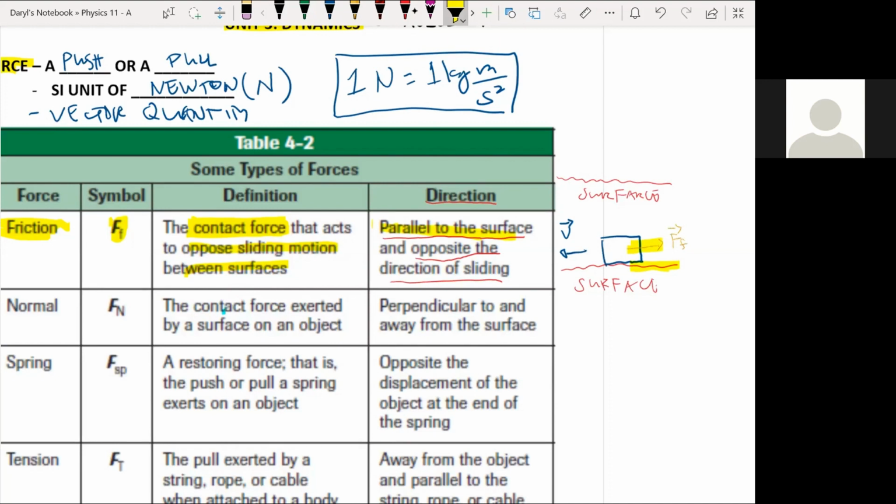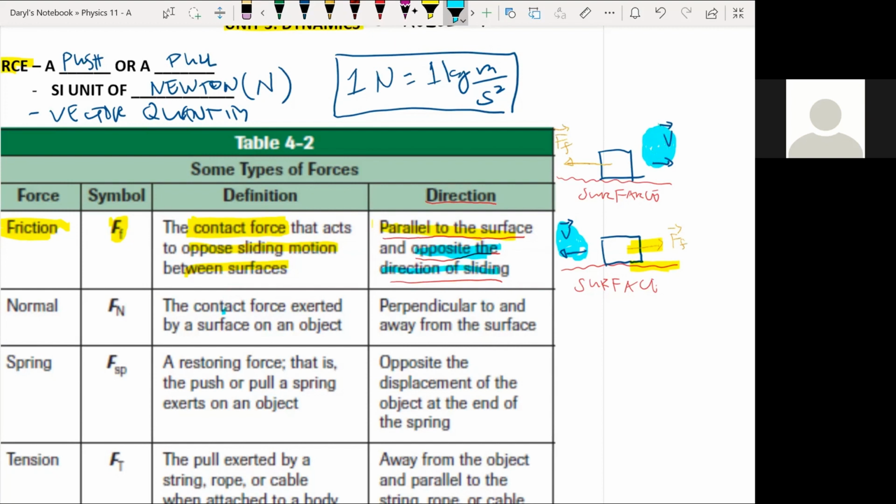Let's say, for example, that the object is now moving to the right. Friction now would be in the opposite direction, so friction would be here. If you want to identify the direction of friction, you just identify the direction of your motion, the direction of velocity.